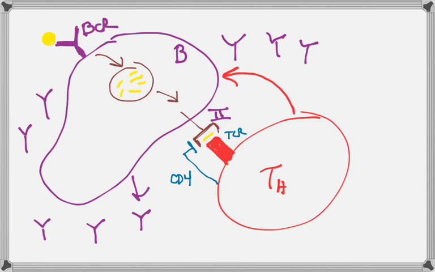So the difference between a T helper and a B cell is that in T helper, the antigen that was presented is actually killed off. But then in the B cell, I just don't understand. If it's the same cytokines released, why does one kill the cell and the other not? It's not the same cytokines.